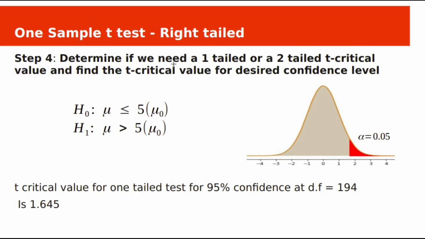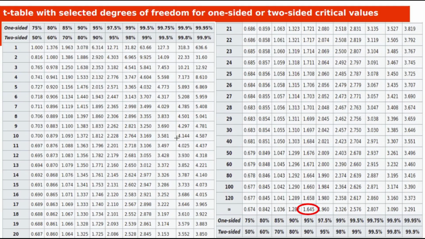We need to find whether it is a one-tail or two-tail test. Here, from this alternate hypothesis you can say that it is a one-tail test, and that is again right tail. So find the t critical value for a one-tail test. You have to see this row. Our sample size is 195, so degrees of freedom will be 194, which is not there here.